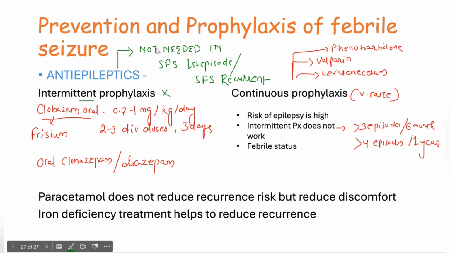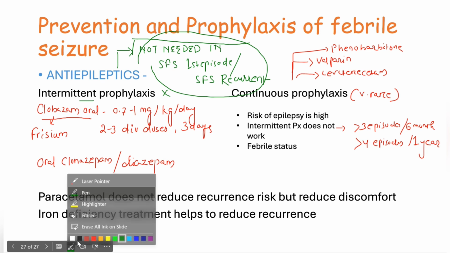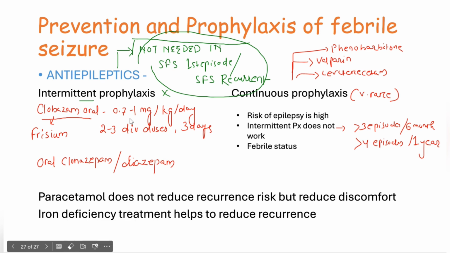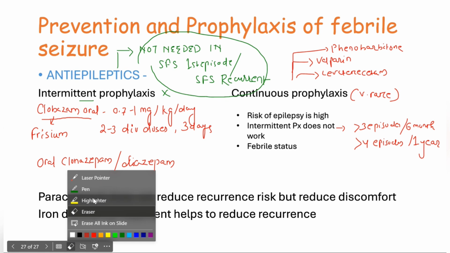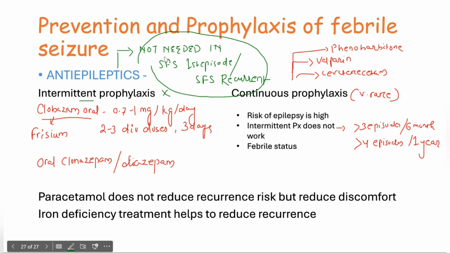If it is not a simple febrile seizure, or something else, then you can give prophylaxis. So remember this: antiepileptic prophylaxis is not needed in simple febrile seizure first episode or recurrent episode.